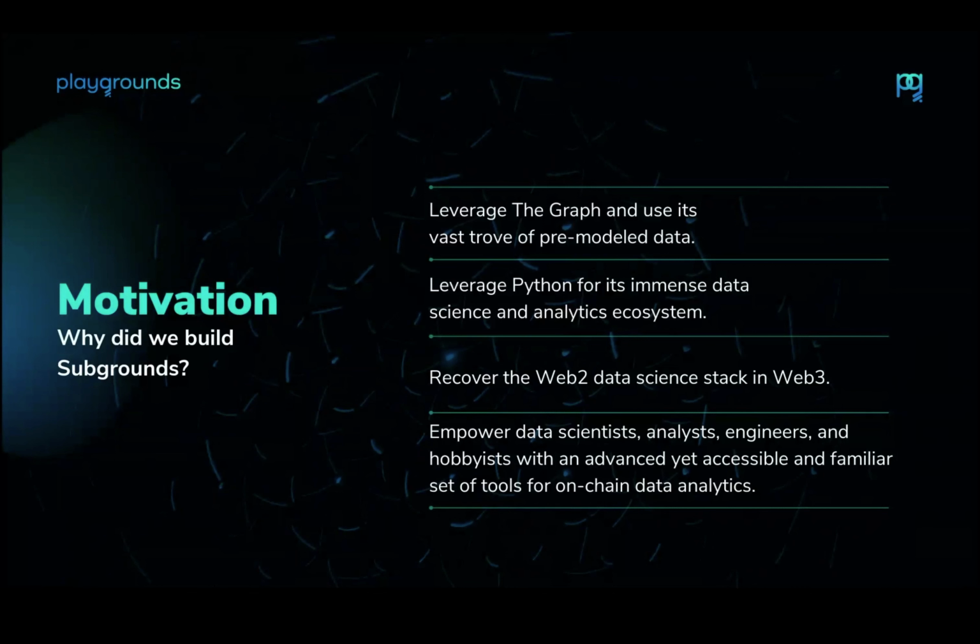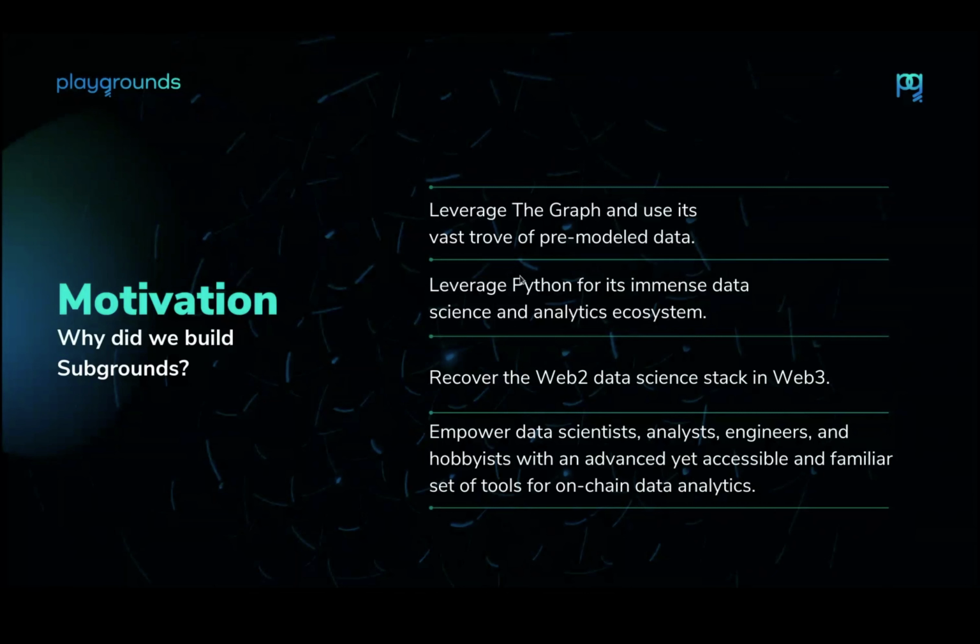And so the graph contains this immense quantity of pre-modeled data because thanks to subgraphs, users of the graph can essentially crowdsource data models. So you have pre-modeled data on one side, and then you have your Python data science toolkit on the other. But there was no easy way to get the data from the graph into Python. And this is where Subgrounds comes in.